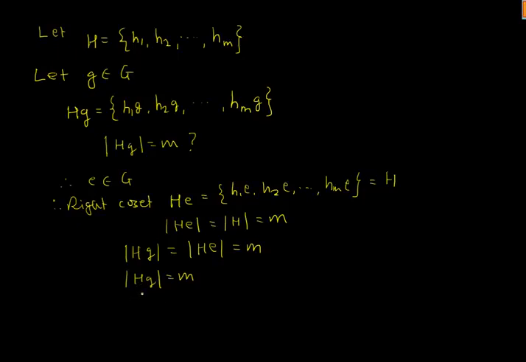All right. Now, what is the order of G? The order of G is equal to n. So, can you predict how many distinct cosets of H in G can be constructed using the n elements of G?